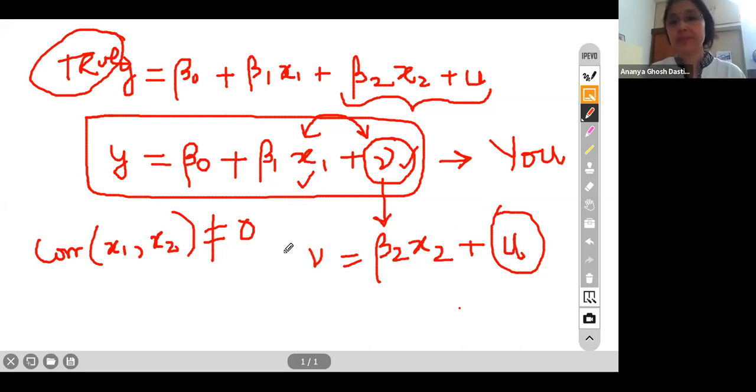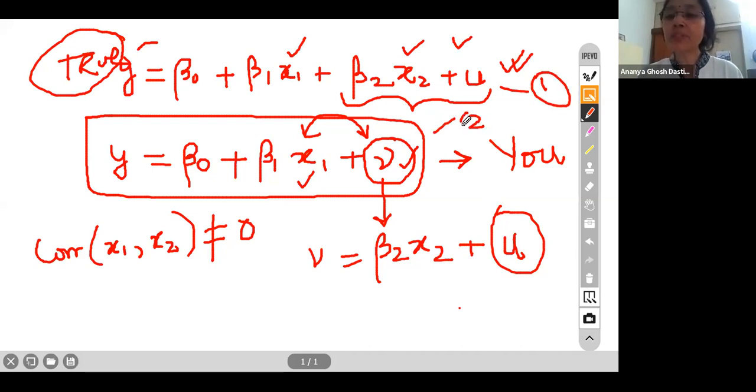So this model is basically going to violate the assumption of zero correlation between X and errors. So let me repeat. Suppose in reality, Y is a function of X1 and X2, this model here. But for whatever reason, you are ignoring this multiple regression model, you're ignoring model number 1, and you are estimating model number 2, where you're running a simple regression model. Then you are committing a grave error. In your model, coefficients will be biased, because what you think is the error is actually not the error.